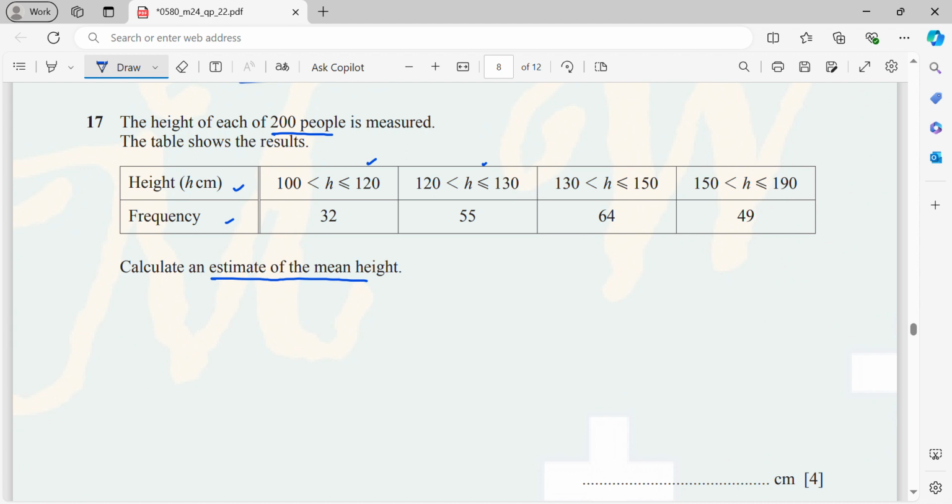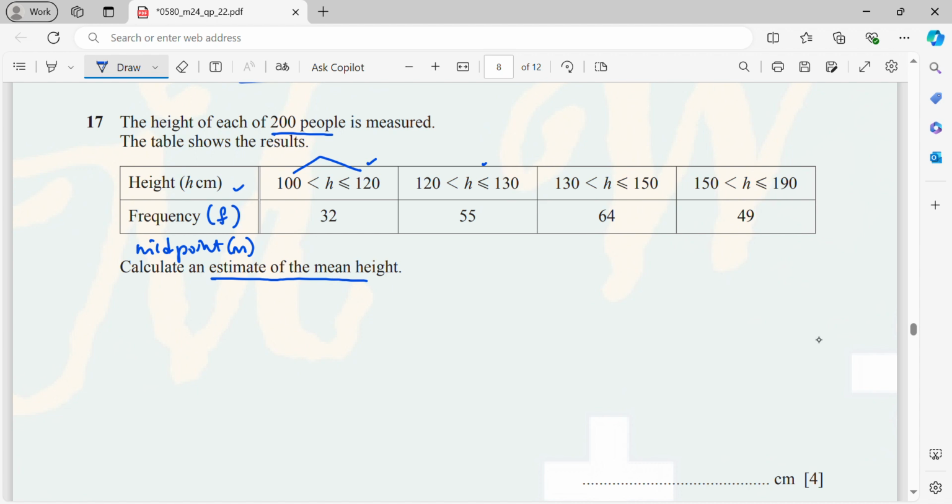So now what I need to do is I will just add here midpoint. That is the M. Frequency is basically the F. The midpoint is calculated by using the average of the two limits.